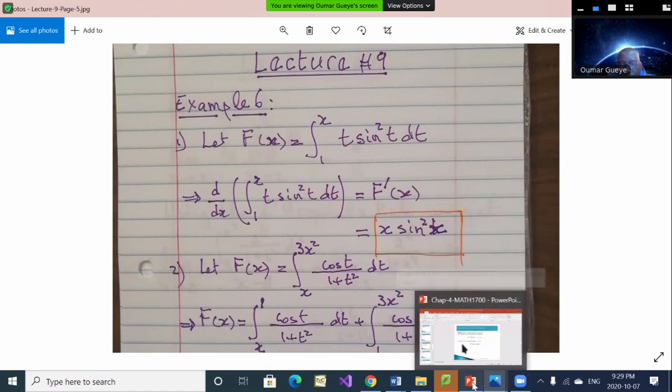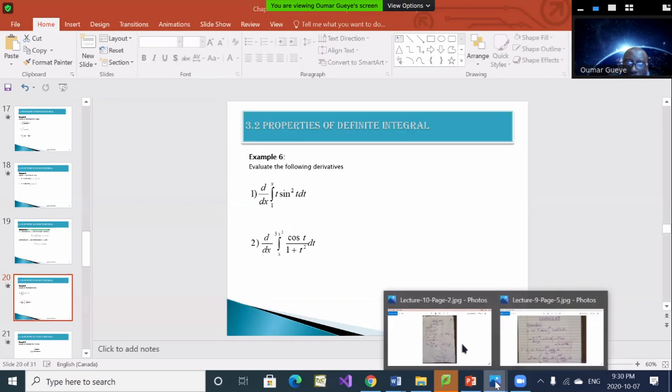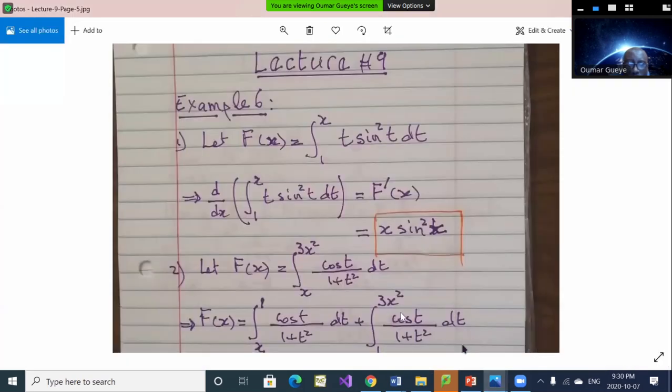Now for the second example, we have to differentiate this function defined by an integral, but here we integrate from x to 3x squared. It means we don't have exactly this form, because the bottom should be a constant and the top should be only x, but we have 3x squared, which is a function. How to do it: we introduce a number between x and 3x squared.